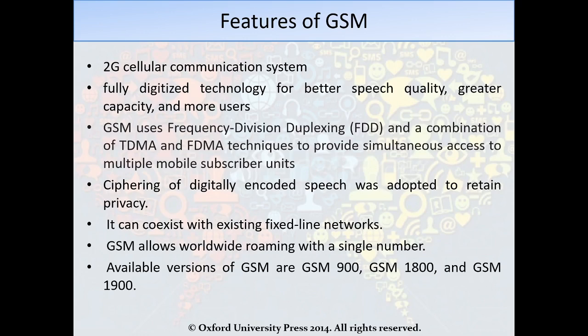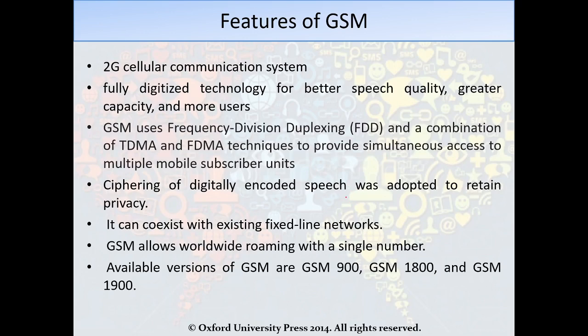So there was frequency division duplexing happening, but you have to accommodate multiple mobile subscriber units simultaneously to increase the capacity. So a combination of the TDMA and FDMA techniques was used in order to provide enhanced capacity.